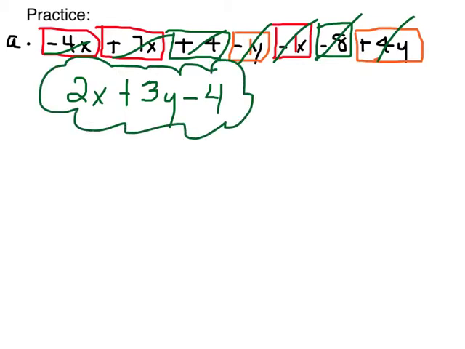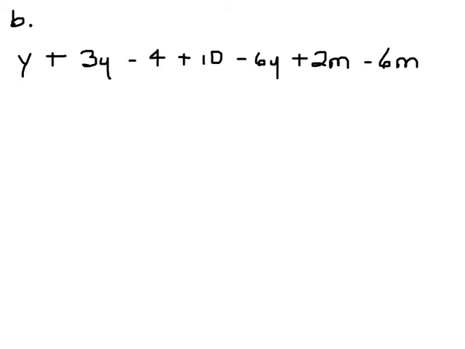Let's do B. In B, I'm going to use shapes. I've got y terms, m terms, and then plain 1 terms. So my y's, let's say I do those in a circle, circling the sign that is with it.